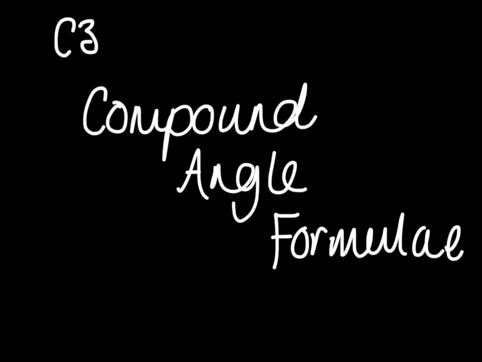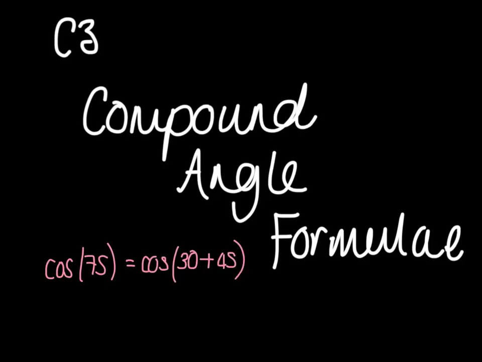So for instance, we might have cos of 75 degrees, and I might go looking in my bag and not find my calculator, but it's okay because I could split that up into cos of 30 plus 45. And using the compound angle formulae, I could get expressions in just cos 30 and cos 45. Cos 30, I know what that is, and cos 45, I know what that is too. And suddenly I don't need my calculator.